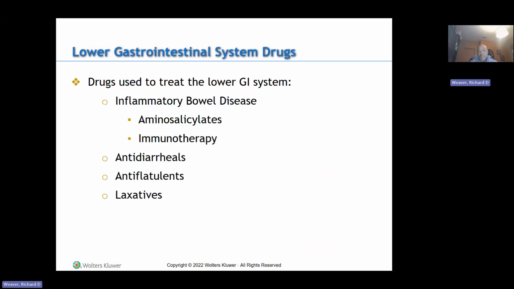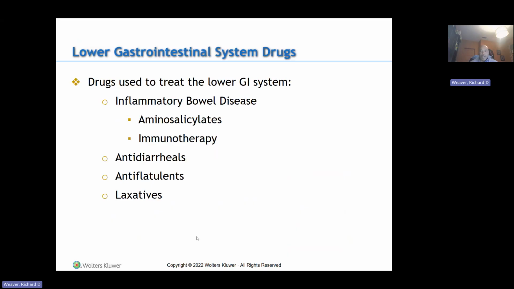Now, the term inflammatory bowel disease is used collectively for Crohn's disease and ulcerative colitis. These are diseases that cause inflammation in the intestines, right? So these conditions affect the bowels in the intestines.